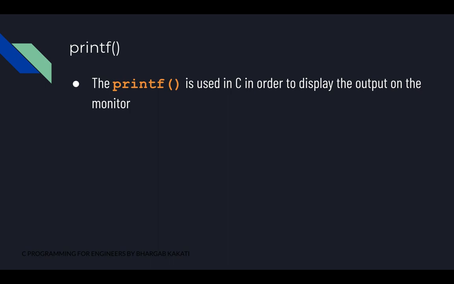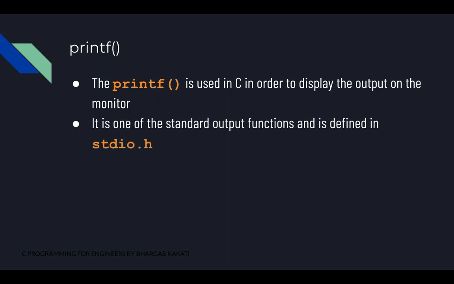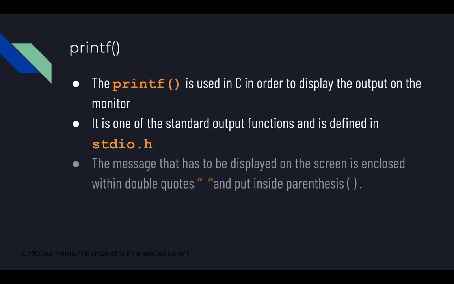If you remember hello world, if you simply write hello world within those braces, it will not be displayed, rather it will show an error. printf is one of the standard output functions and is defined within stdio.h. So the code for printf is written within stdio.h. Therefore, in order to use printf, you need to include stdio.h.